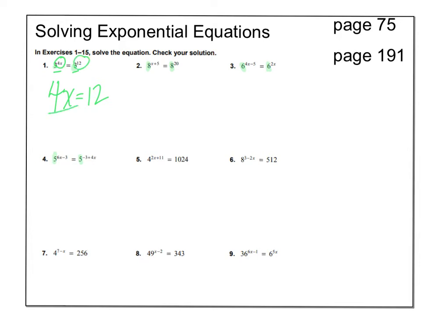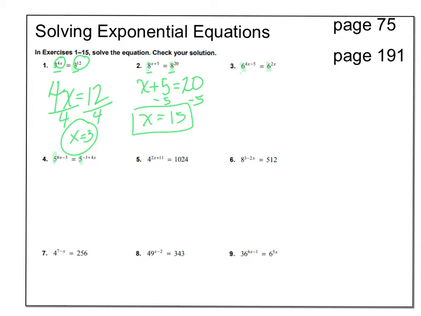So I would solve that equation by dividing by 4, x equals 3. Looking at question 2, when the bases are the same, the exponents are equal. So x plus 5 equals 20. Solve that the way you've been solving for years. X will equal 15.